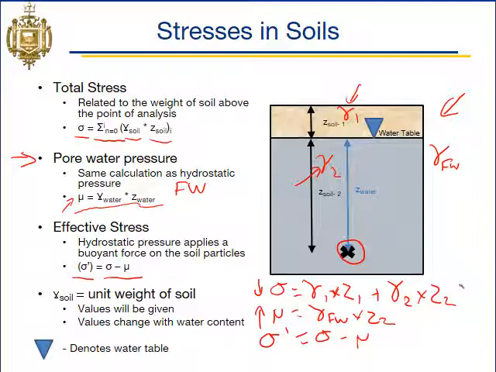I'm not going to combine these two equations for sake of brevity, but you could do that if you wanted to, and this will give you your effective stress, right? So we see that if pore water pressure is really high, we could actually turn our effective stress down to 0, right? If we have more pore water pressure than total stress, then our effective stress will go to 0, and that could be bad for the soil strength, right?